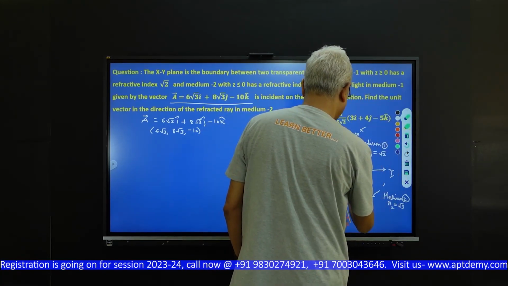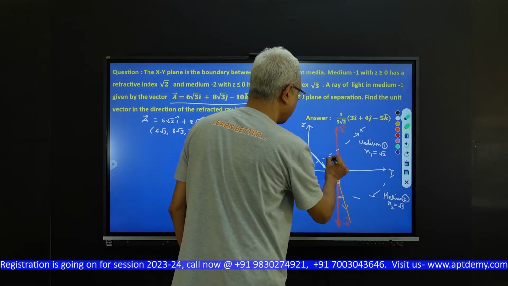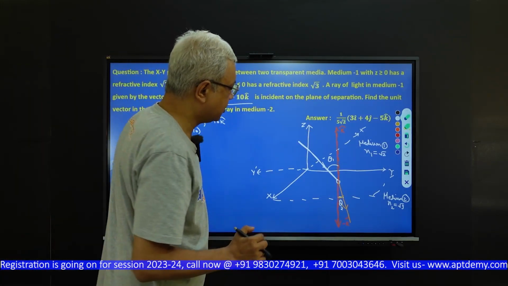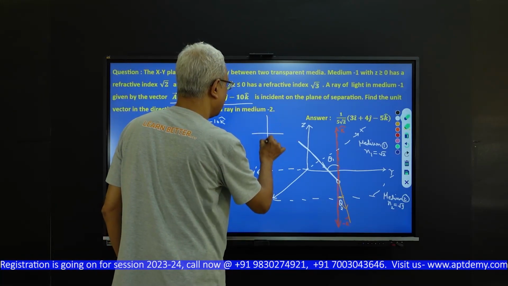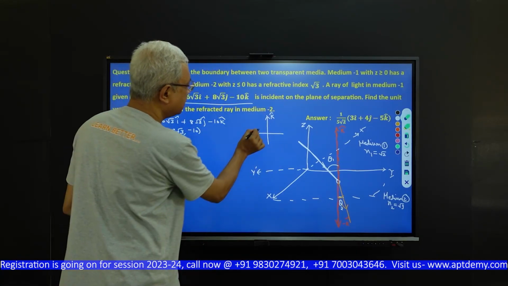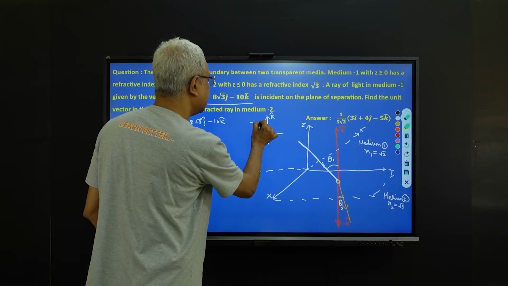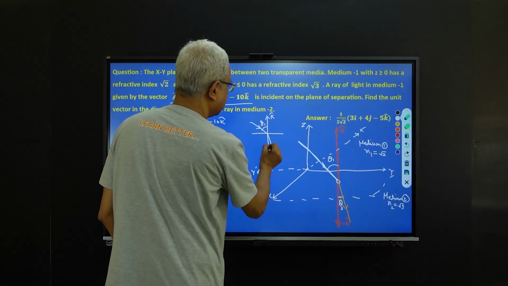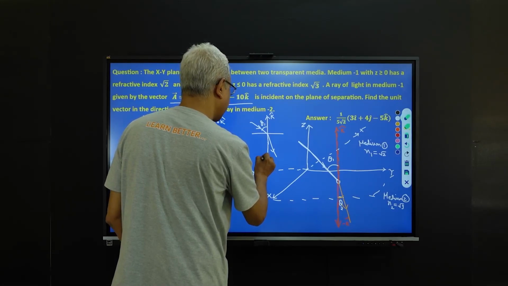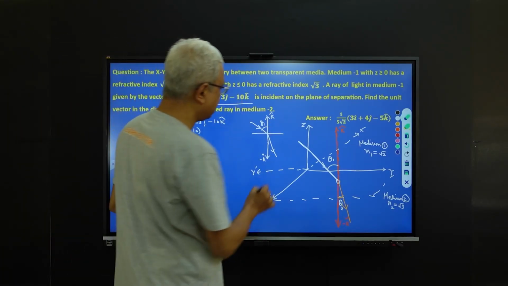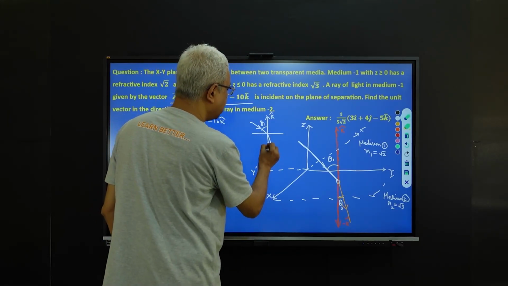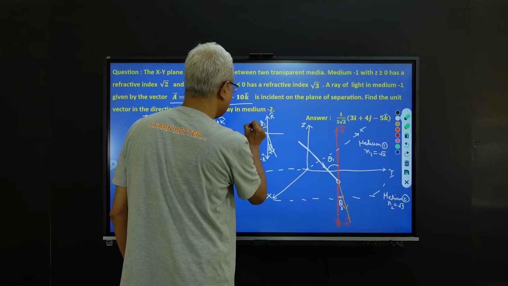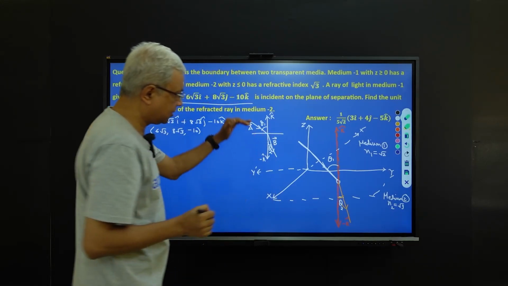Let this be the angle of incidence, theta 1, and let theta 2 be the angle of refraction in medium 2. Once again, this is the k cap normal vector, this is the incident ray, theta 1 is the angle of incidence, and after refraction, this is the minus k cap vector, opposite to k cap, and this is the angle of refraction, theta 2. Let me call the refracted ray vector b.